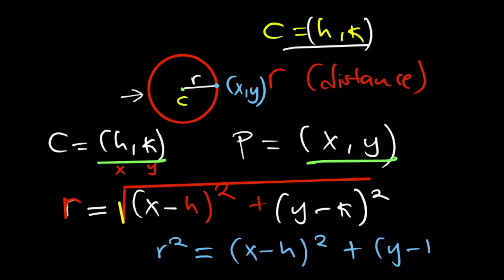If you've done your coordinate geometry, this shouldn't be a struggle to remember. Just remember the basic distance equation. That is what gives you the formula for the length of the radius, and that is where the equation of the circle comes from.